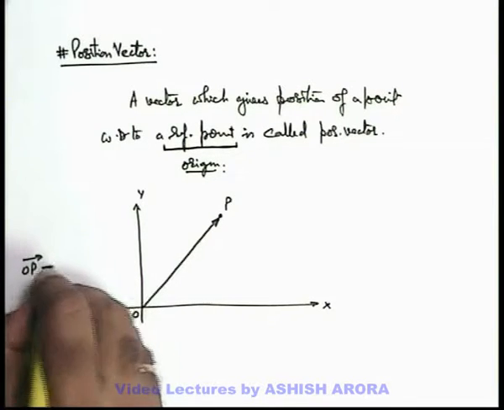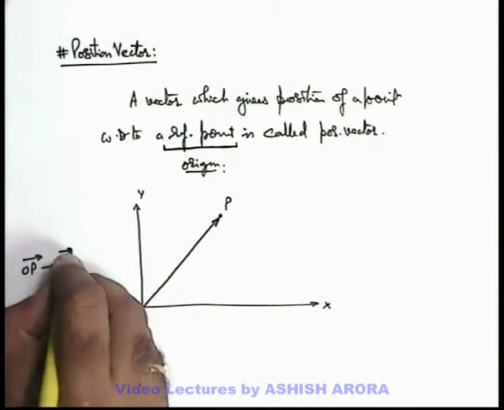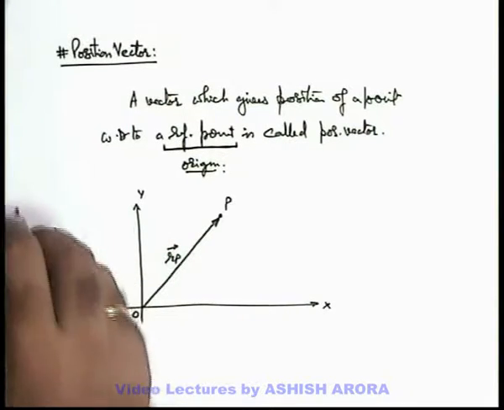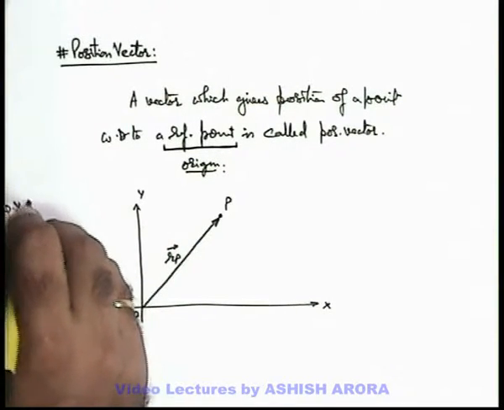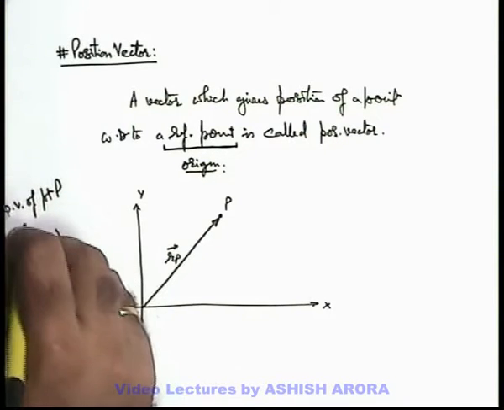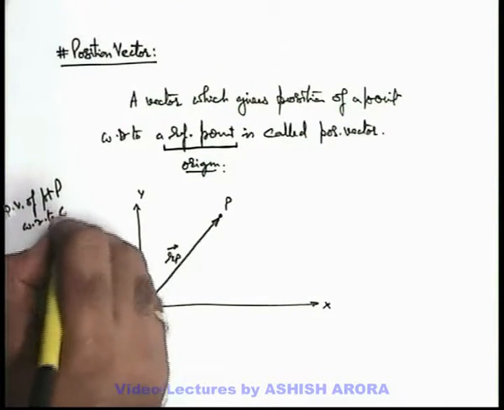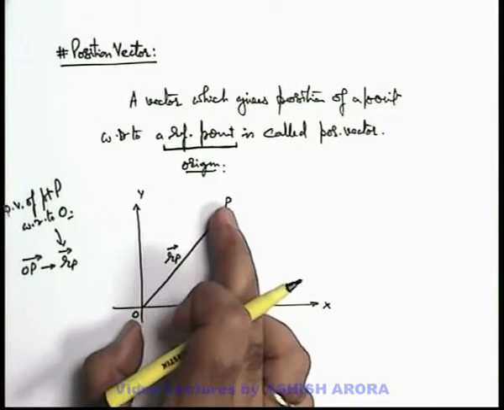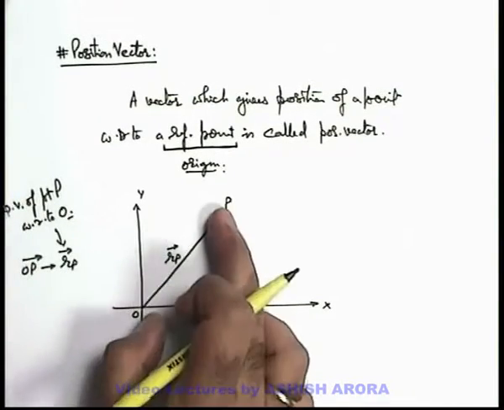This OP vector we represent as RP vector. This RP we define as the position vector of point P with respect to O. Just by this position vector we can denote the position of point P.